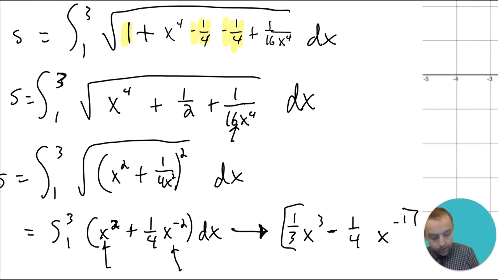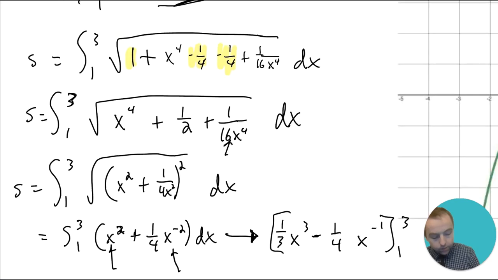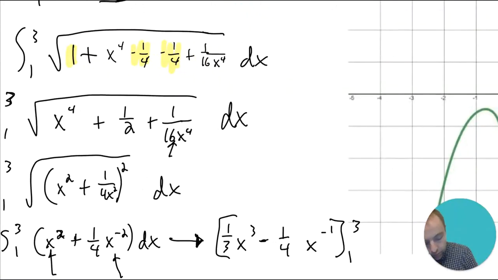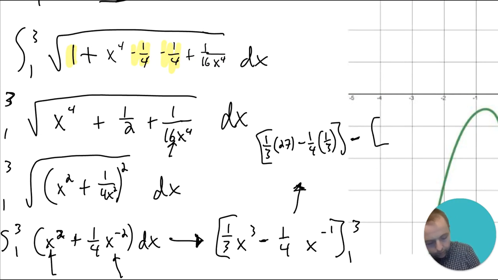And then you can evaluate that between 1 and 3. So if you plug in 3 first, you have 1/3 times 27 minus 1/4. 3 to the negative 1 is 1/3. And then you can plug in 1. So it would be 1/3 of 1 minus 1/4. 1 to the negative 1 is 1.